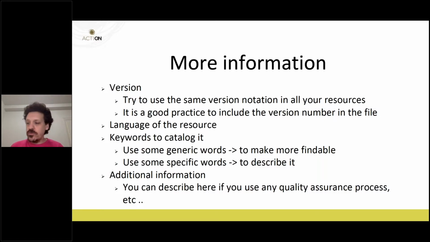Like, for example, I'm going to generate data from this sensor, and this sensor is calibrated following this procedure. We clean the data before, something like that. It's very good practice to do it, and this is the place where you can do it. The additional information field.